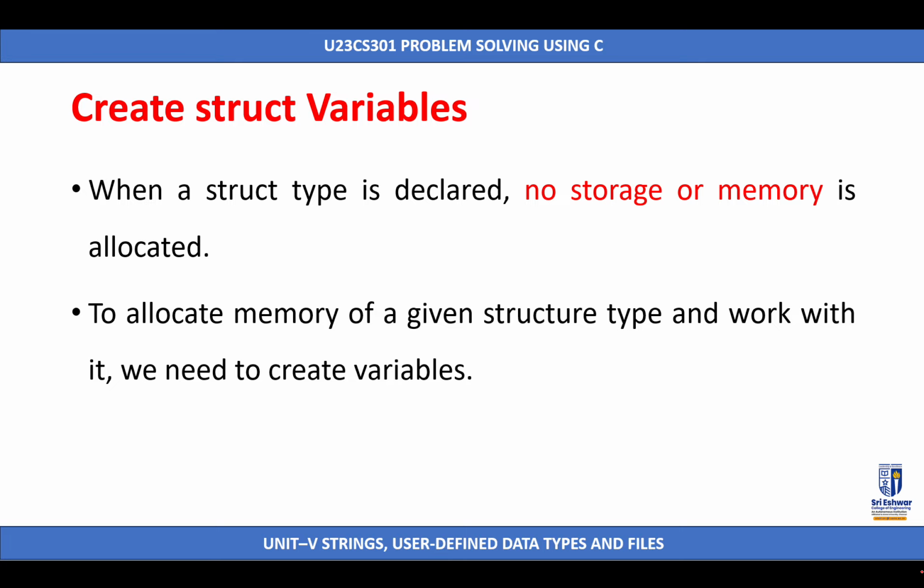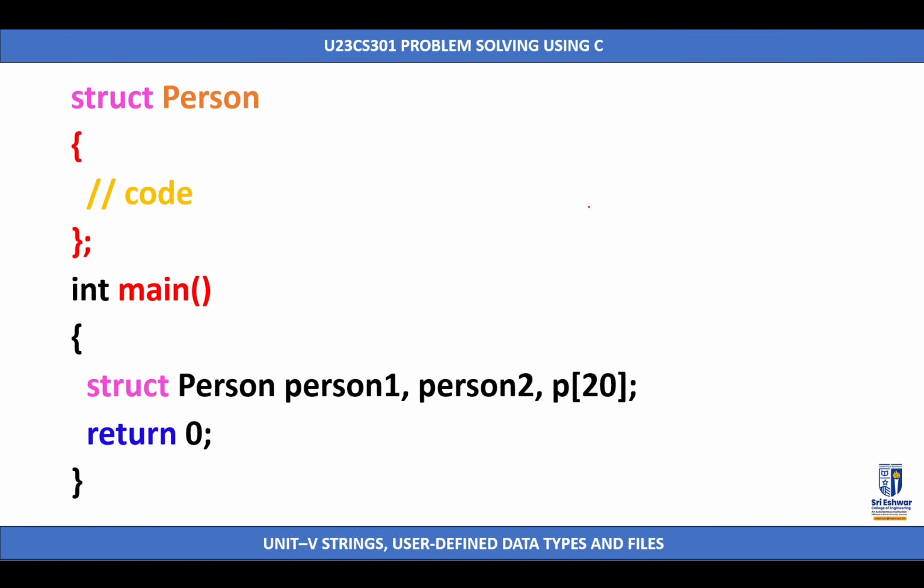Creating the struct variables. Here no storage or memory is allocated once the structure is declared. Once we have given the structure, we have to create the variables on our own. You can see this is the structure code and this is the main function. You have already given struct here, then the same value you have to give here, person.